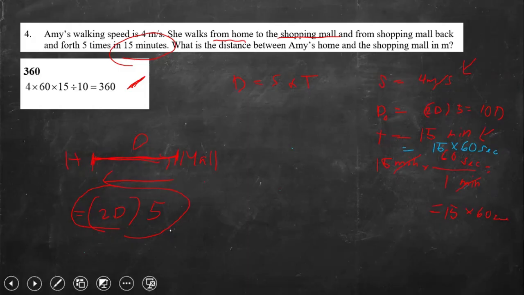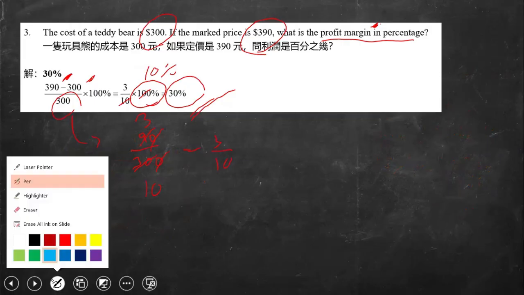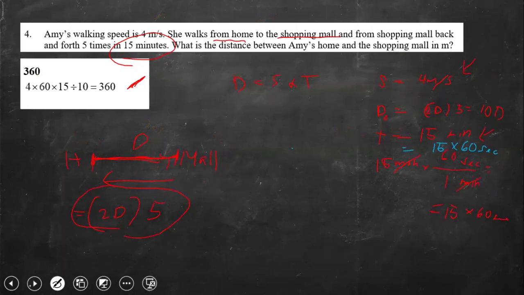Now that we have the speed, the distance, and the time, we have speed 4 meters per second, distance 10D, and time 15 times 60 seconds. We just substitute the values. We're looking for the distance here.